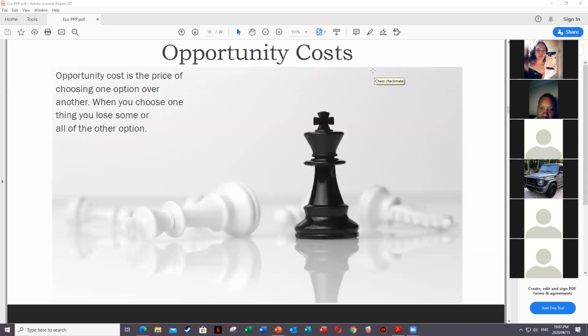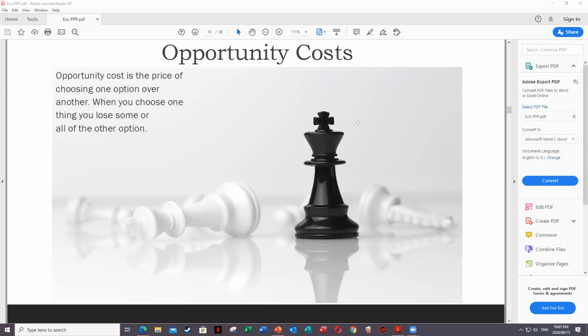And then you've got your opportunity cost, which is the price of choosing one thing over another. Before I go onto the graph, think about what you want for dinner: am I gonna make some curry from scratch, or am I gonna just get McDonald's?